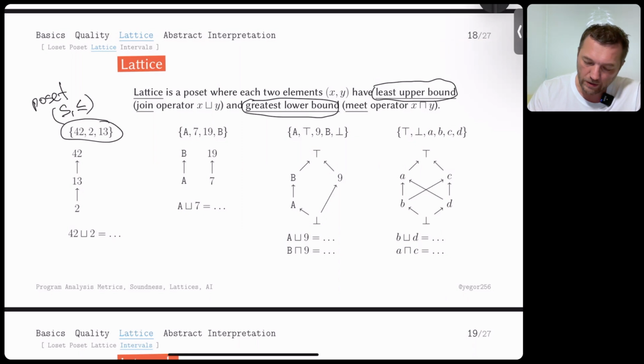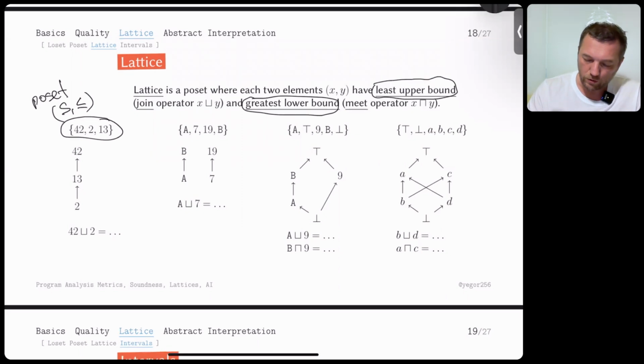So I'm saying this is here and this is here. So 2 is less than 13, 13 is less than 42. So this line means that I can compare these two guys with this element. Well, actually I can compare as well.